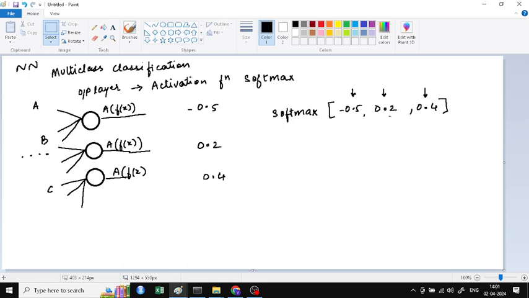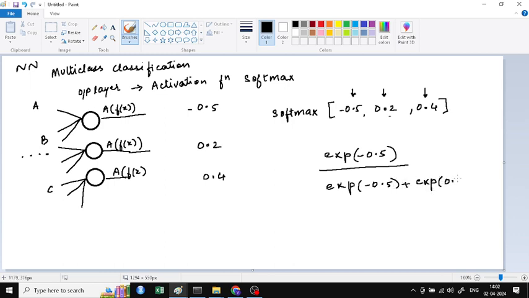The mathematical formula for the softmax function is the exponential of a particular value. So in this case, the exponential of -0.5 divided by the summation of all these exponentials. Exponential turns negative values also into positive values.